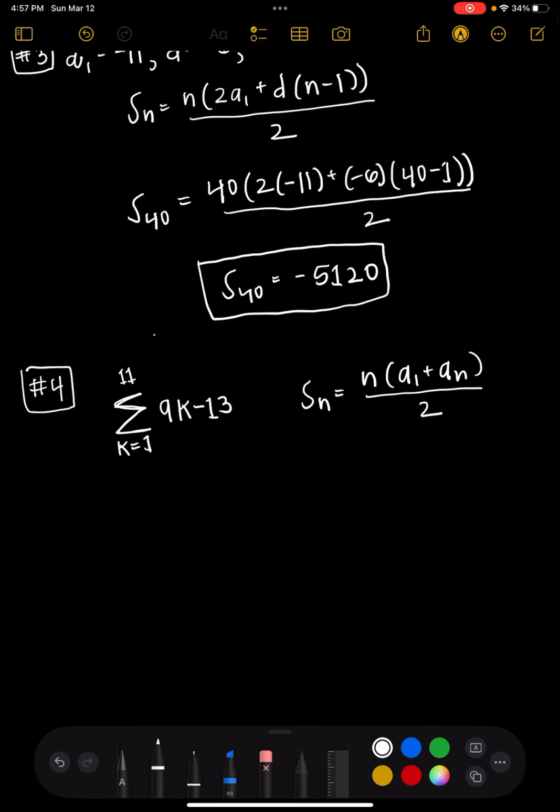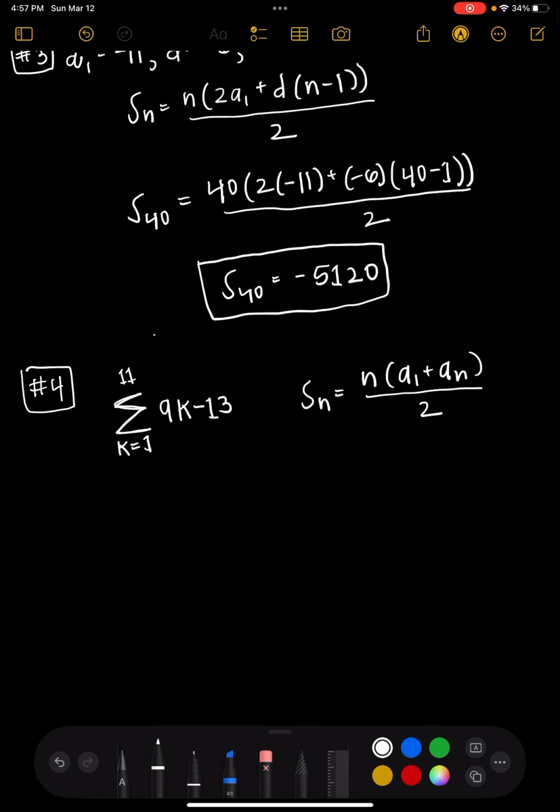That just means we're going to have the first 11 terms. To find a1, I take my equation, 9k minus 13, and replace the k with 1. And my an is when I take that equation and replace the k with n, which we just decided was 11.